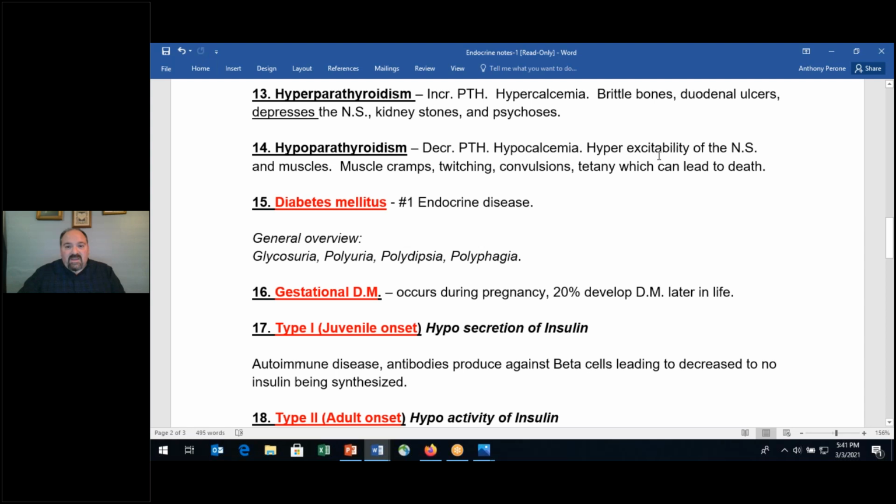Hypo can have a hyper-excitability of the nervous system and muscles: cramping, twitching, convulsions, tetany, and imagine this happens in the heart. Can this lead to major issues, right? Convulsions and tetany can lead to death. You wouldn't think those little parathyroid glands and their control over blood calcium levels could have such a major impact on your body.